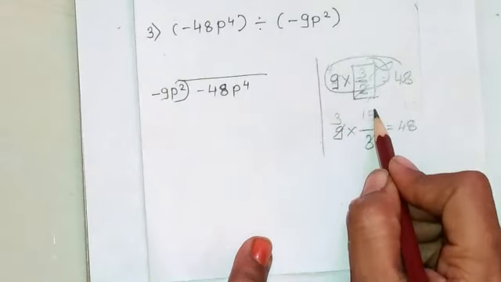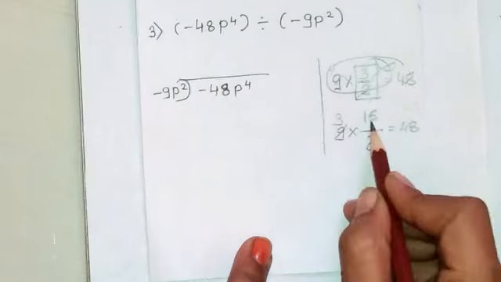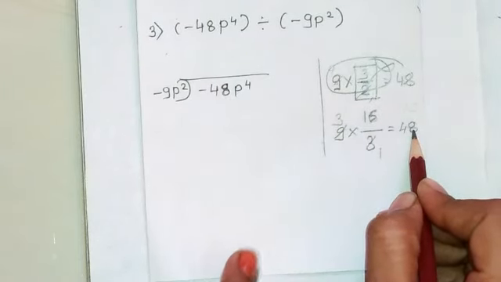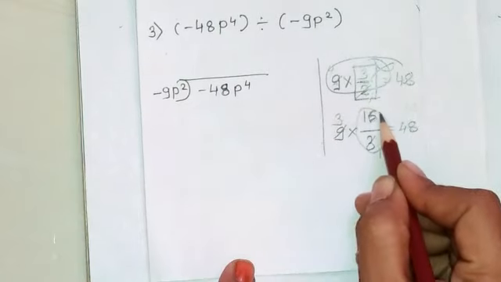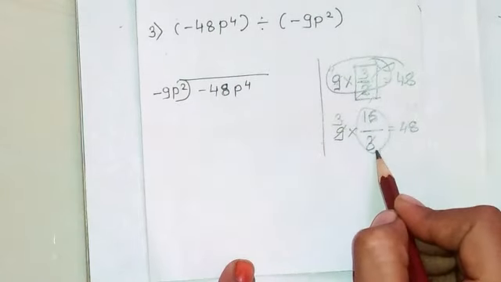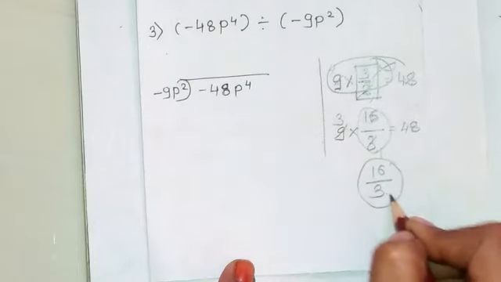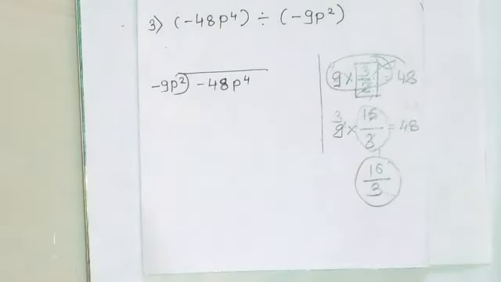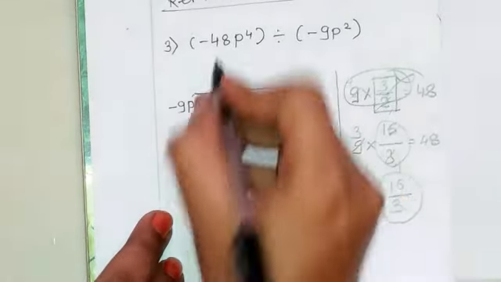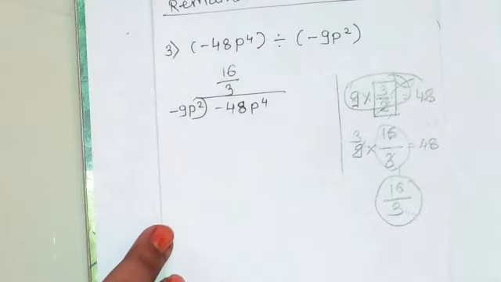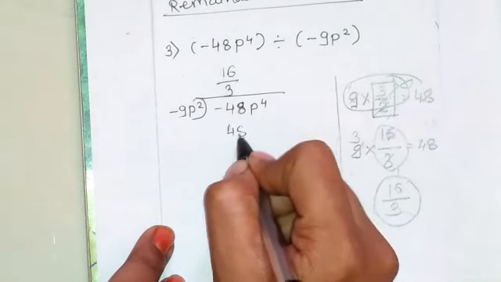If you take the number 16, 16 threes are 48, right students? So our fractional number will be 16/3. Got it? That is how we find this fractional number which we are going to use here. Look at this 16/3. Now the answer will be 48.